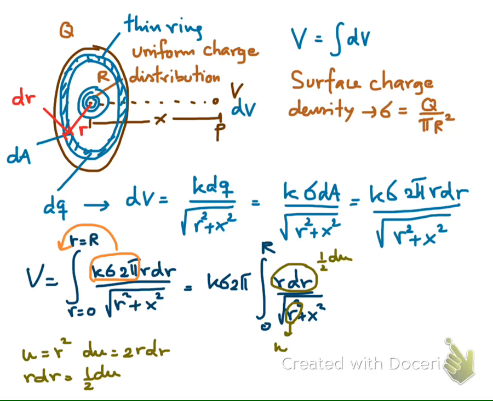So if we put x squared as c, we can write r dr equal to half of du plus c.